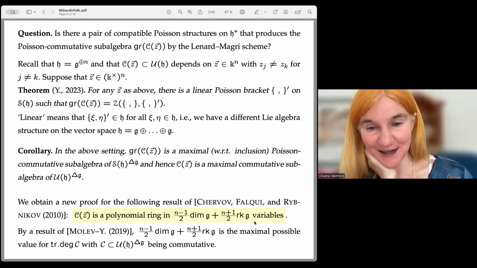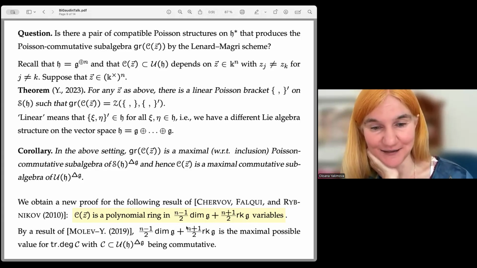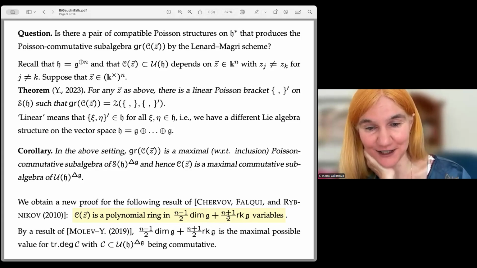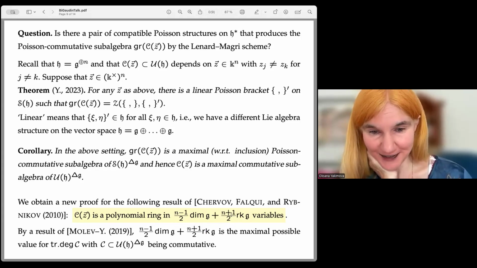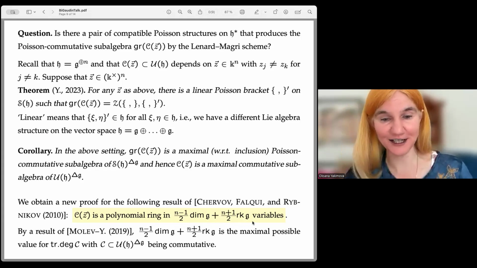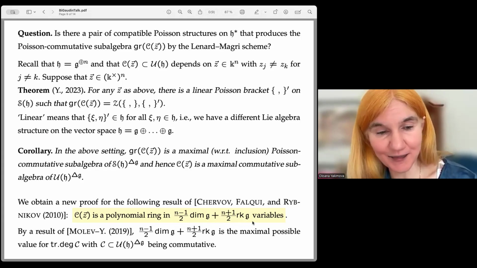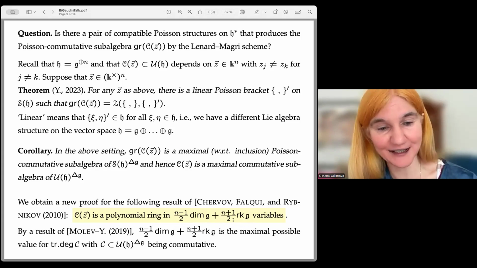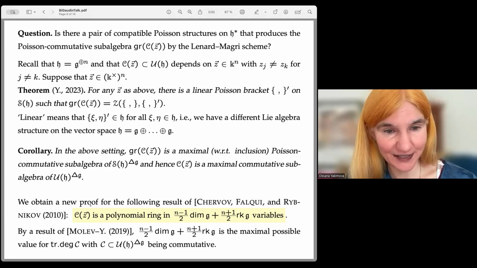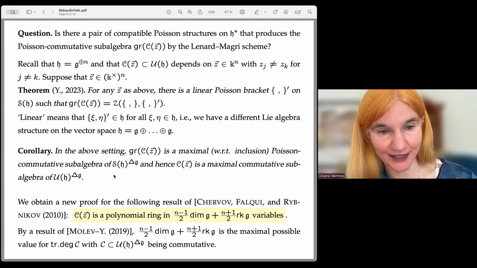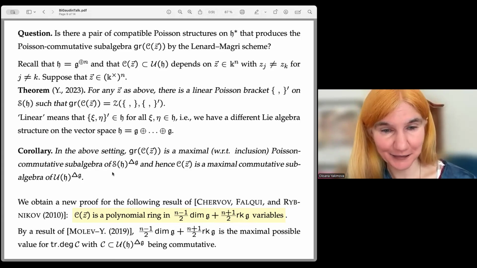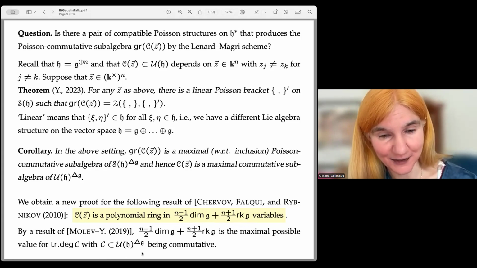And it has this number of generators, (n minus 1) divided by 2 times the dimension of G, plus (n plus 1) divided by 2 times the rank of G. And this number is the maximal possible value for a transcendence degree of a Poisson commutative subalgebra contained here, and then by the general trick also for a commutative subalgebra contained in the invariants of a diagonal here.